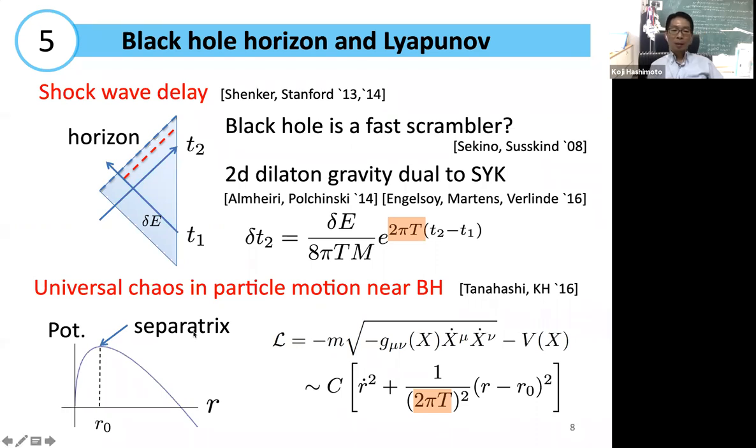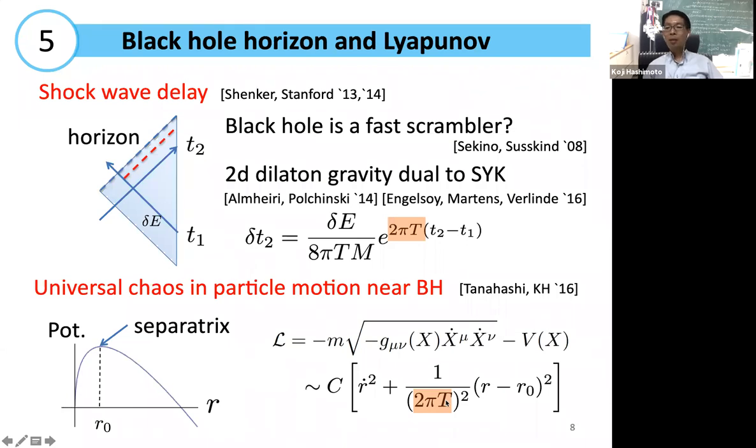If you consider such a particle motion near the black hole horizon, then you see that there is a top-of-the-hill behavior for this particle probing near the black hole horizon. When this separatrix is very close to the black hole horizon, the curvature here is always given by 2 pi T, whatever the force you pull the particle with.